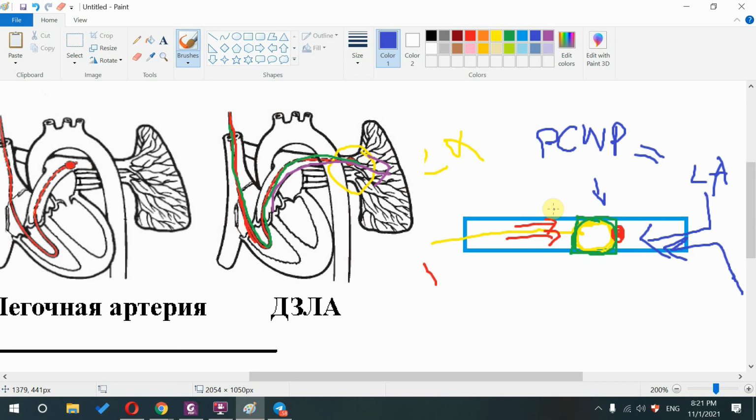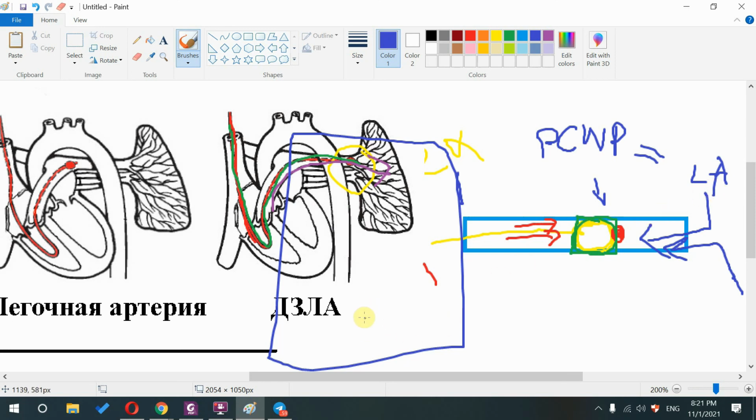What will happen to the PCWP in case of COPD? No, guys, it will not be increased. It will be normal. The lung is here, and that is not affecting the left atrium. Yes, because the lung is here, the left atrium is there.